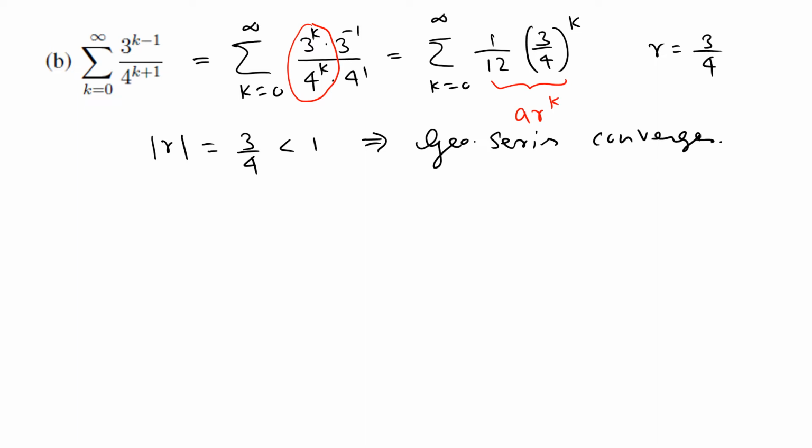We know that if the absolute value of r is less than 1, it converges, and if it is greater than or equal to 1, it diverges. So that's what we know about the geometric series.